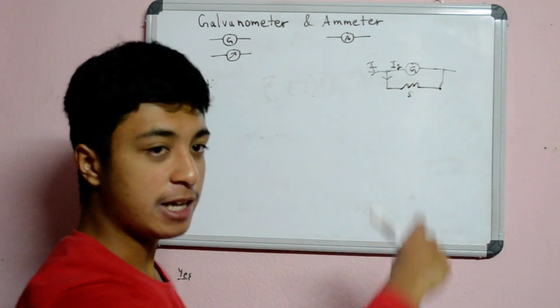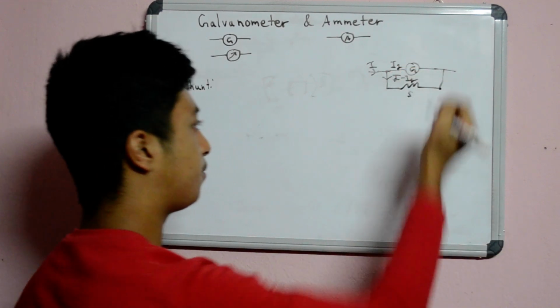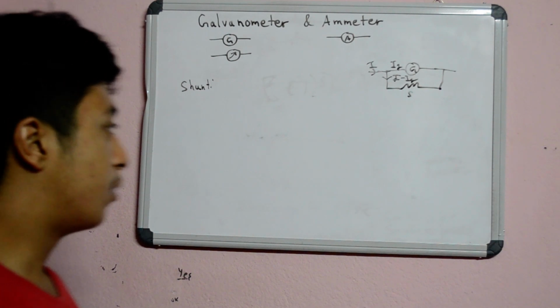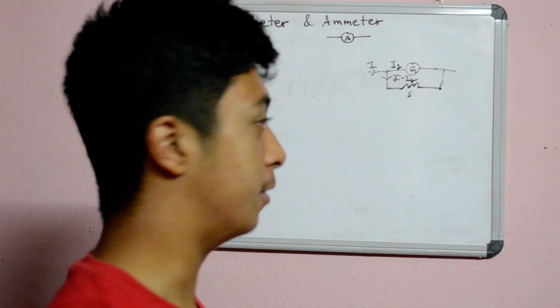So here I dash using the junction rule is simply I minus Ig. So here we can adjust the value of shunt so that we get the full scale deflection for the galvanometer.